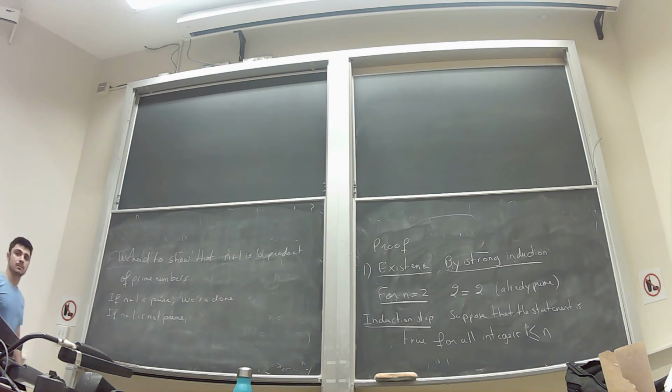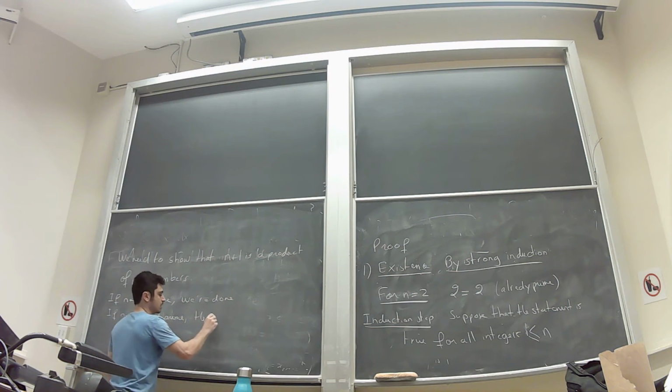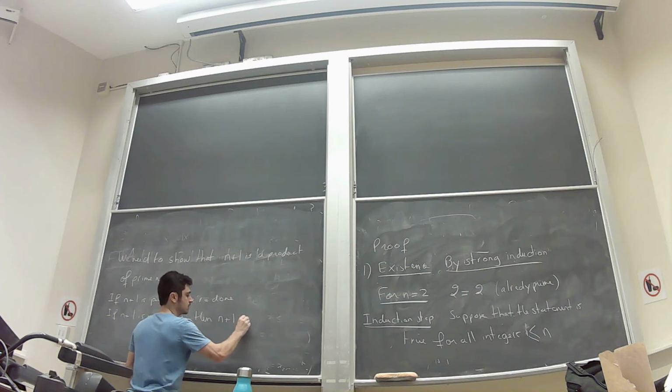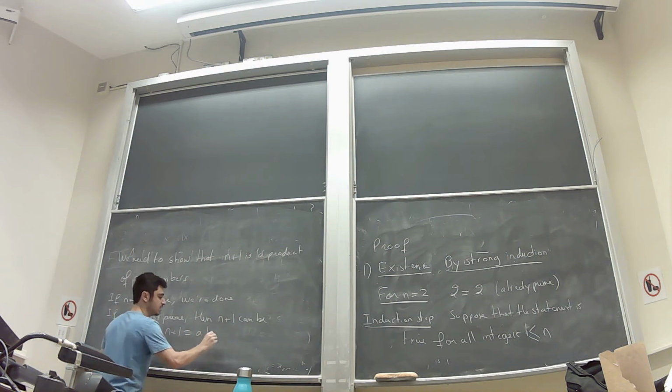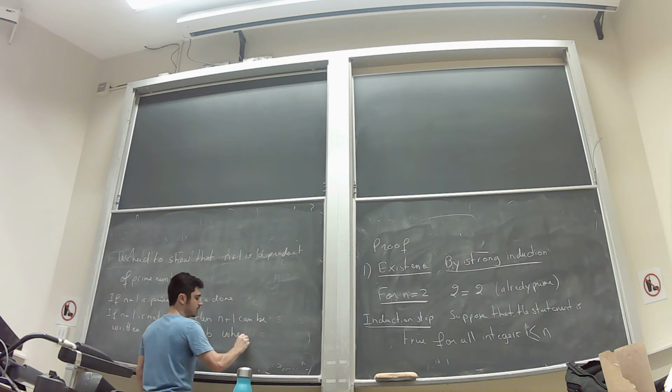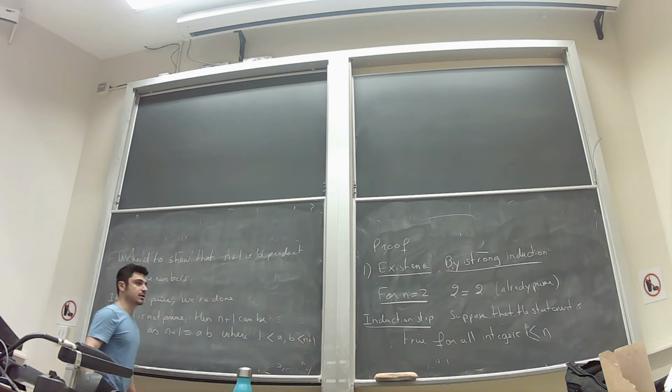We can write it as a product A times B, where A and B are strictly bigger than 1, and strictly smaller than n plus 1.